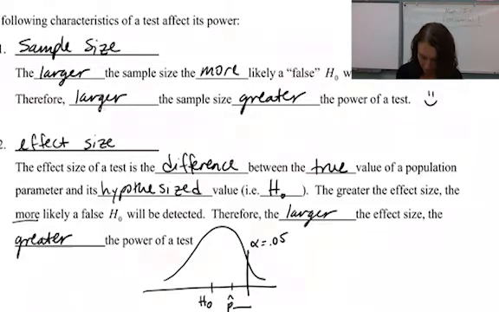But if I increase the effect size, as my p-hat gets farther away, so as we increase that difference between the true value of the population parameter and the hypothesized value, I'm more likely to land in this zone where we would reject our null hypothesis. And if the null hypothesis is false, that's a good thing. We want to detect that false null hypothesis. So the larger that effect size, the farther away it is from the true value, the greater the power of a test.